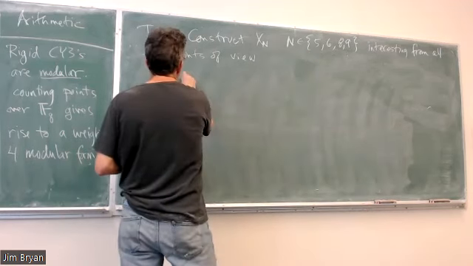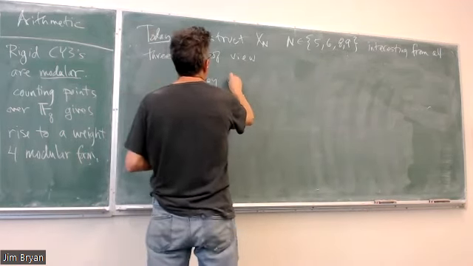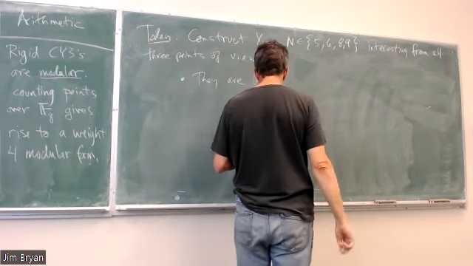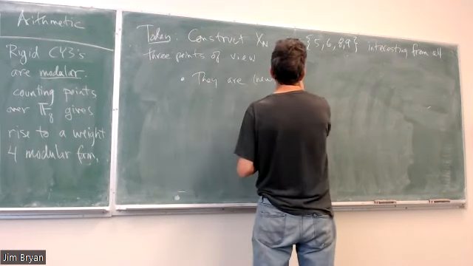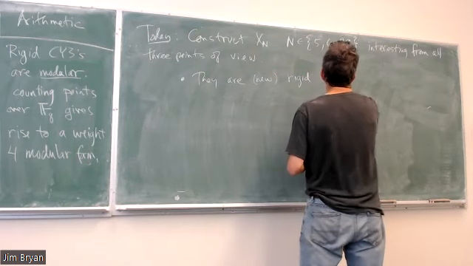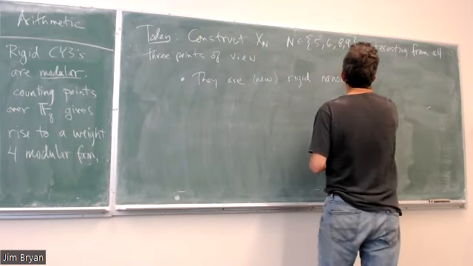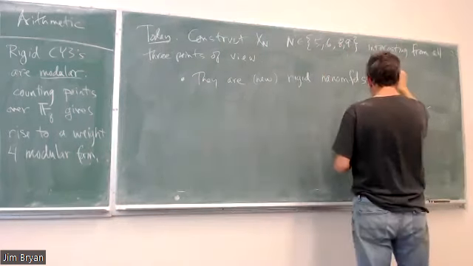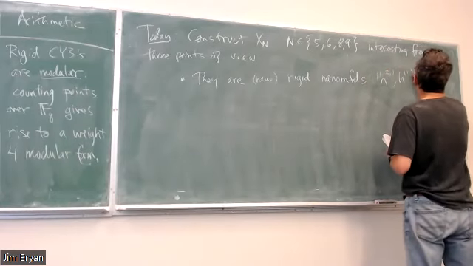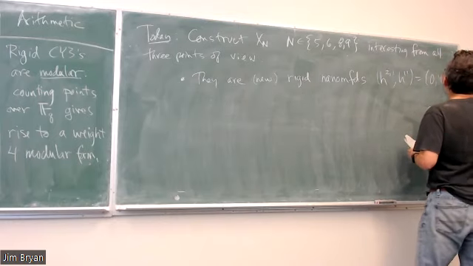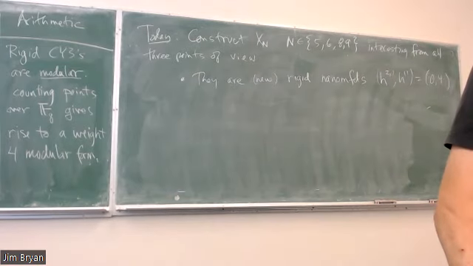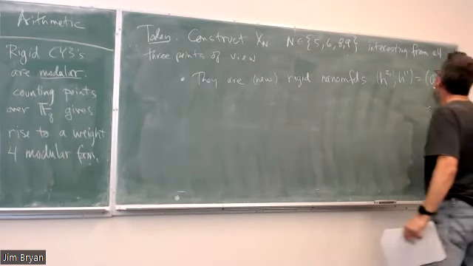So one, they are new, rigid nanomanifolds that haven't been discovered before. H21 and H11 are 0 and 4. So they're rigid and they've got Picard number 4.